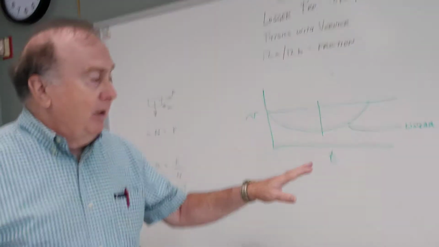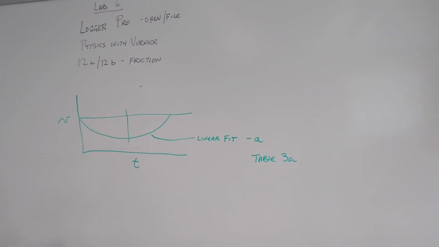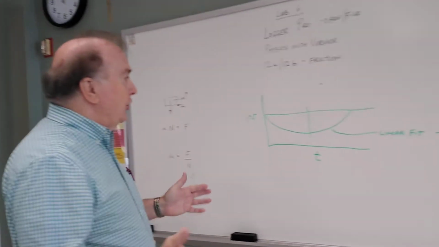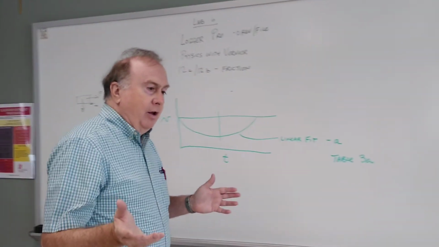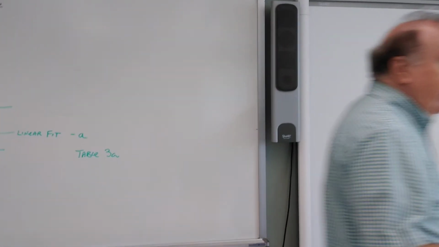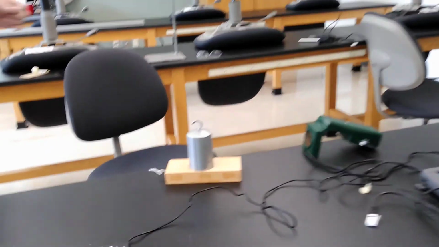Knowing that A, we can enter it in table 3A, we can work through the calculations, and we can determine the kinetic coefficient of friction for the block under all the different scenarios.